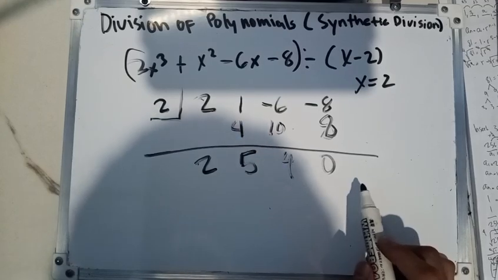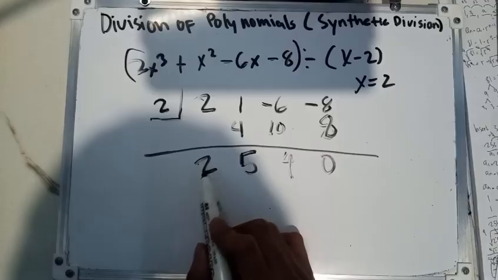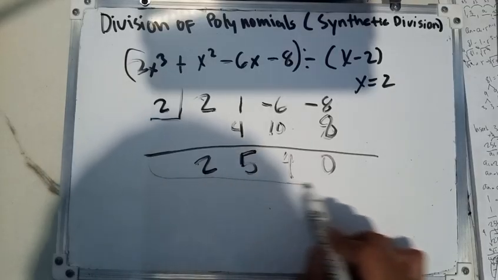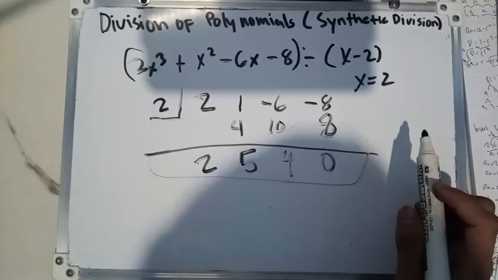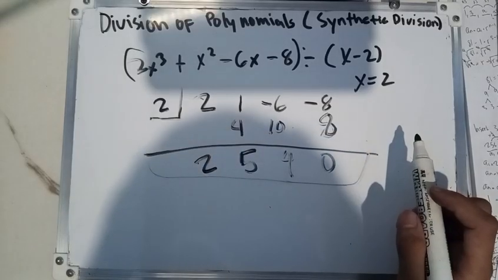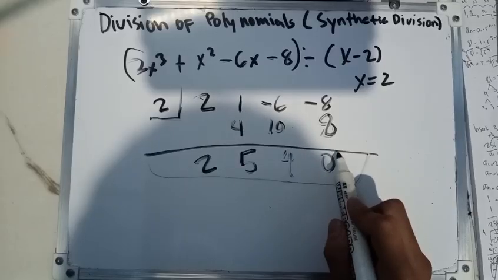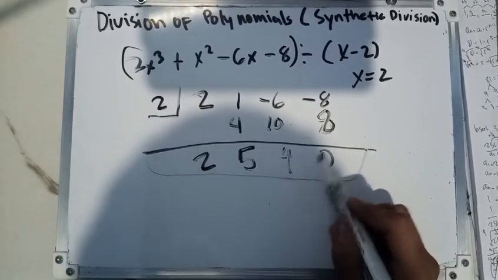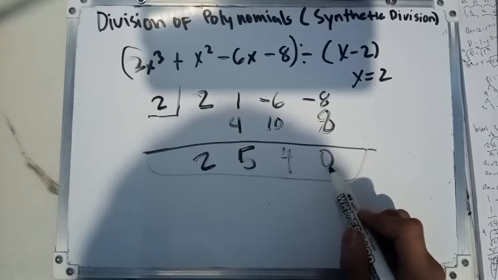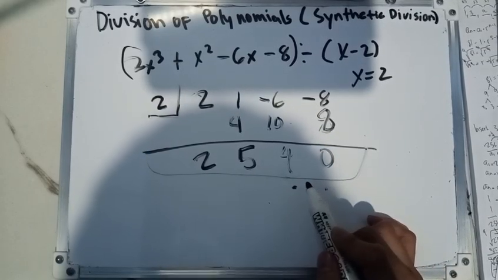So where's the answer here? It is the numbers below the line. So how do we write it in polynomial form? Always remember that the last number is our remainder. So if it's the remainder, therefore it's the constant term.